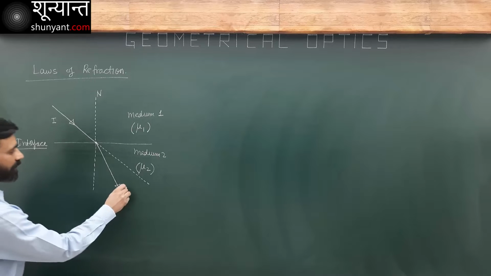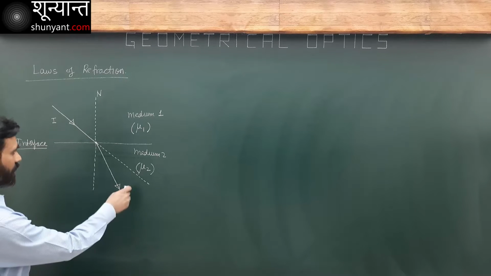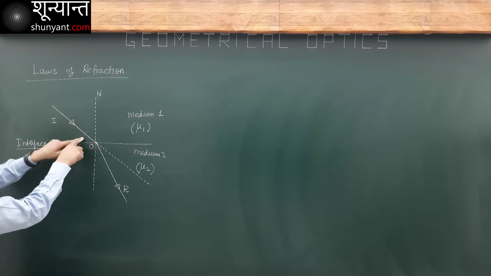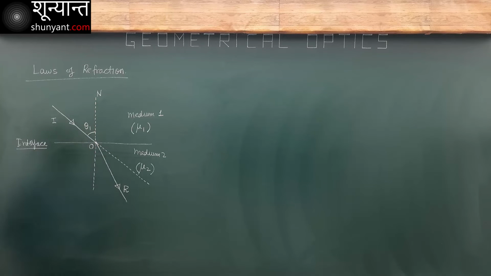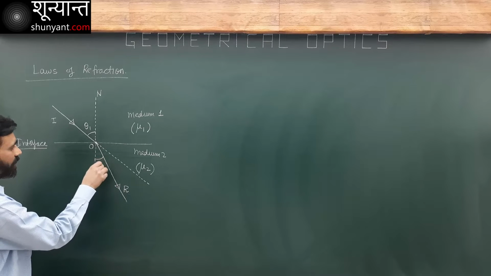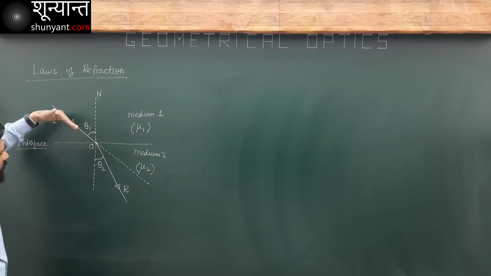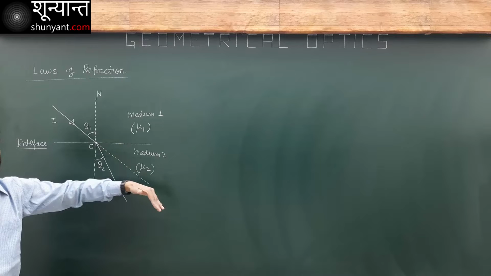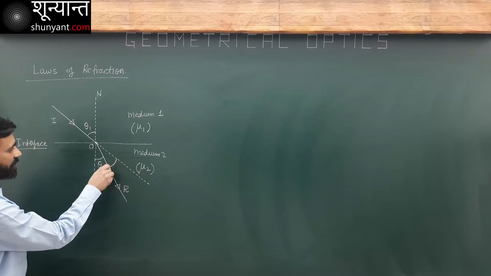This is known as the refracted ray. This is the point of incidence. The angle between incident light and normal is the angle of incidence. Theta1 is the angle of incidence, and this is theta2, the angle of refraction. This was the original path of incident light. It bends, it deviates from this path. This is known as deviation.